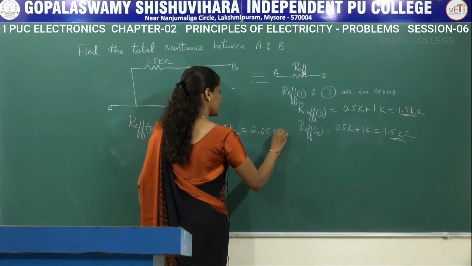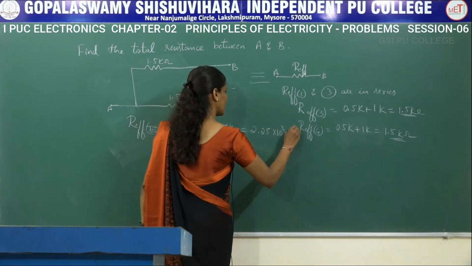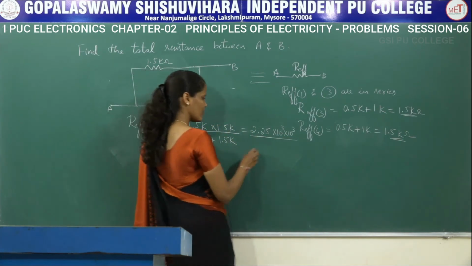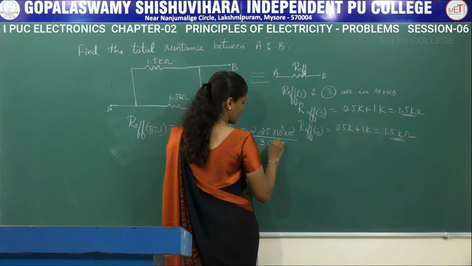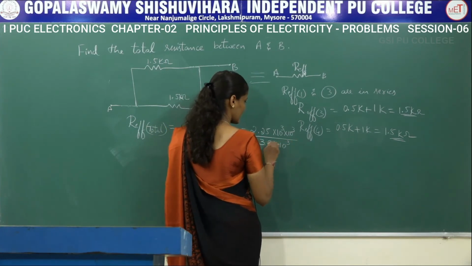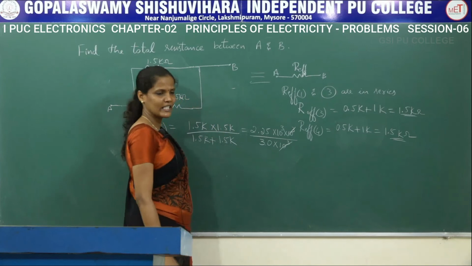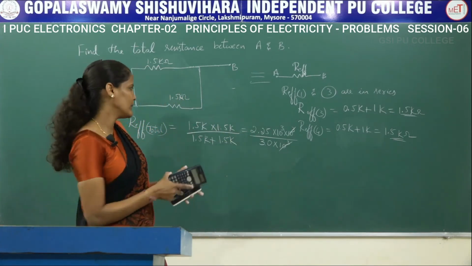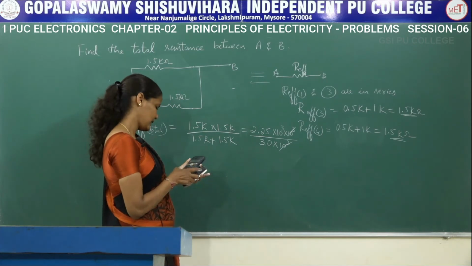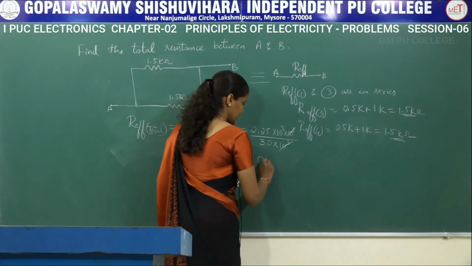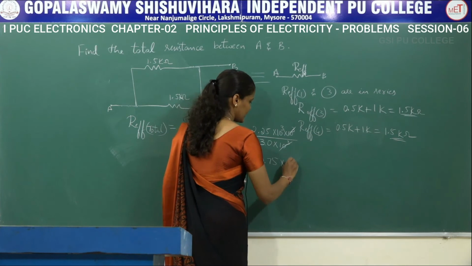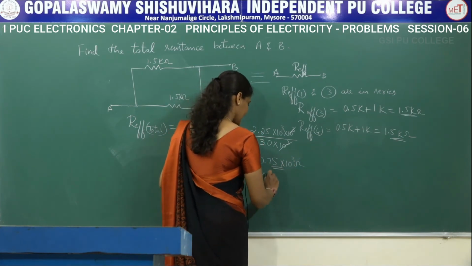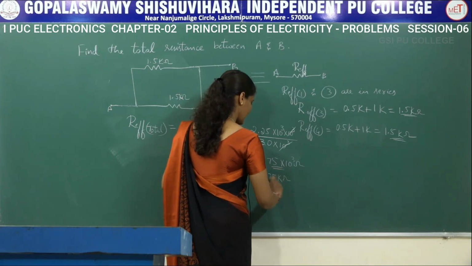Now 1.5 kilo into 1.5 kilo is equal to 2.25 into 10 to the power of 3 into 10 to the power of 3, divided by 1.5 plus 1.5, whose value is equal to 3.0 into 10 to the power of 3. 10 power 3, 10 power 3 is getting cancelled. Now 2.25 divided by 3 will be given as 0.75 into 10 to the power of 3 ohms, or it can be written as 0.75 kilo ohms.